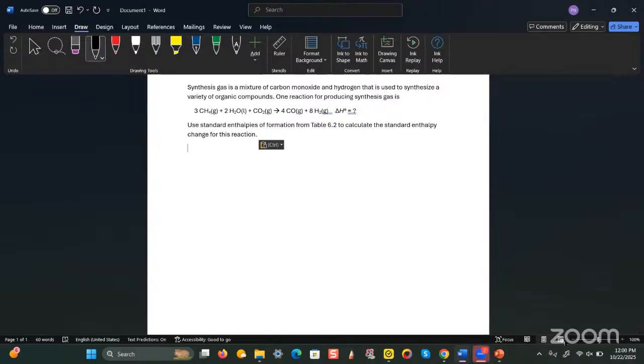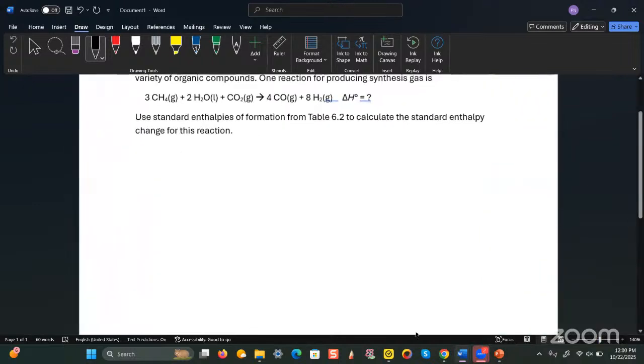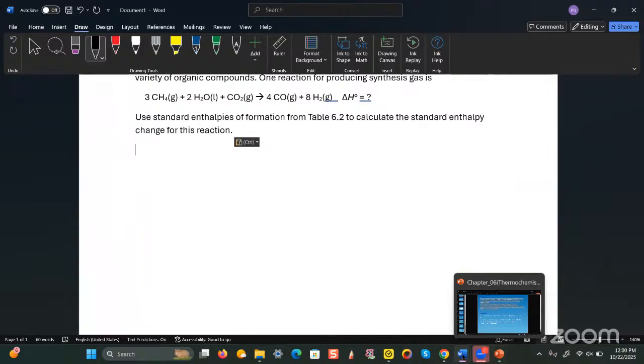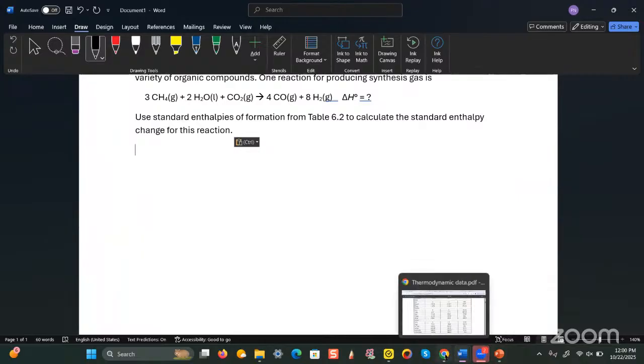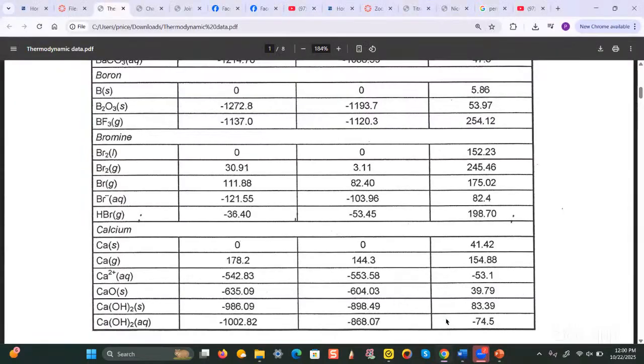Now, I wish I had a double screen because I need to refer to the table. I'm going to need your help. If you have a device and you can pull up this table, I'm going to ask you the enthalpy values for the different substances involved.